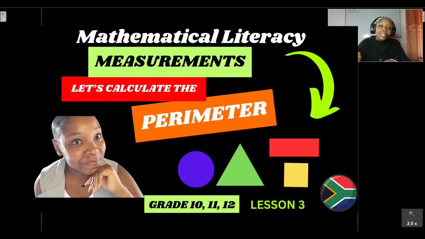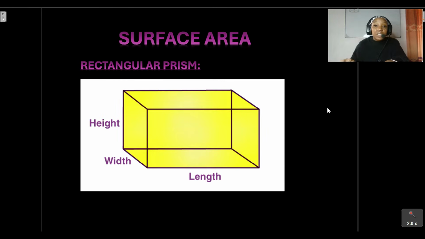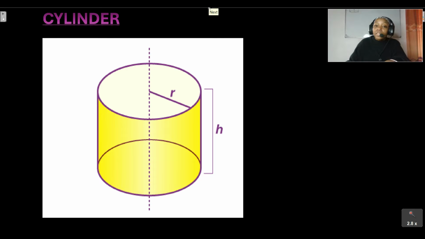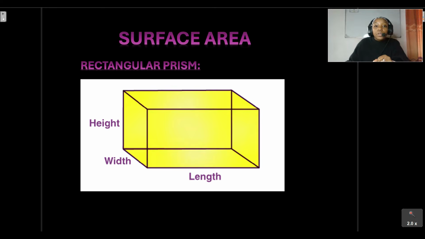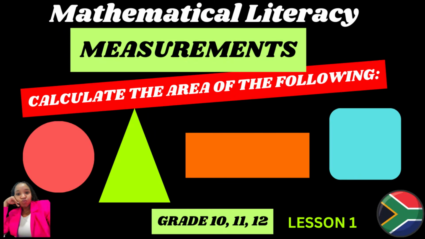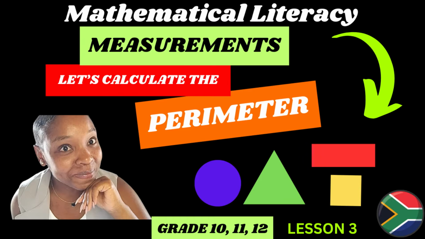You need to understand what area is before you will be able to understand what surface area is, and you also need to understand how we calculated the circumference of a circle, because you will need that when calculating the surface area of a cylinder. So please make sure that you watch those two video tutorials where I've explained area as well as perimeter. You need those basics.